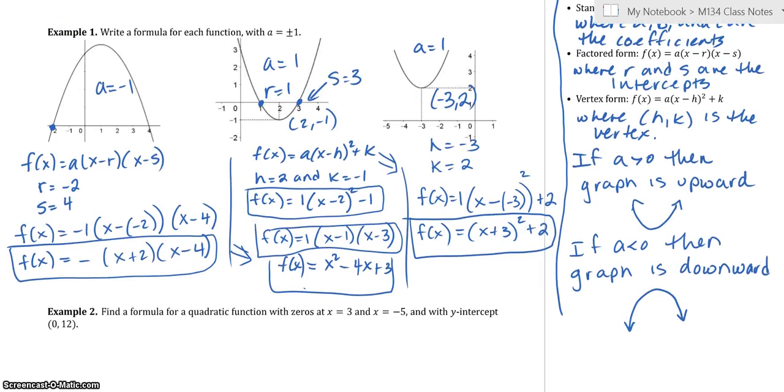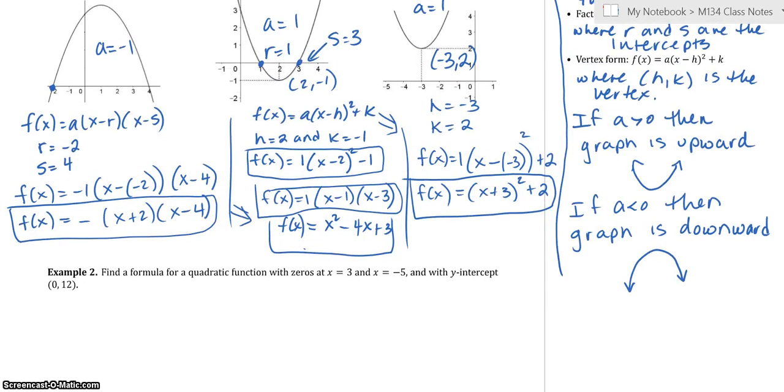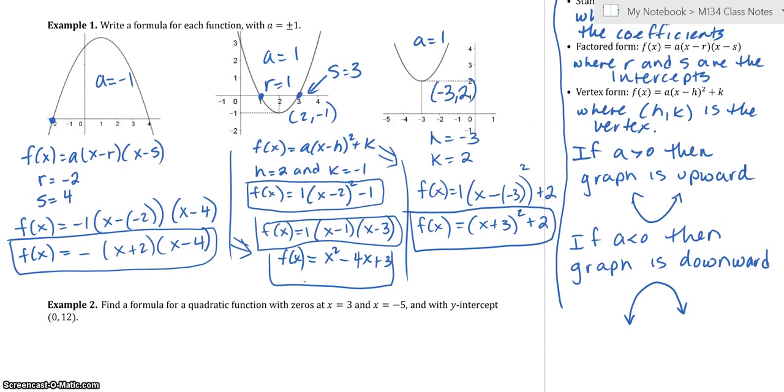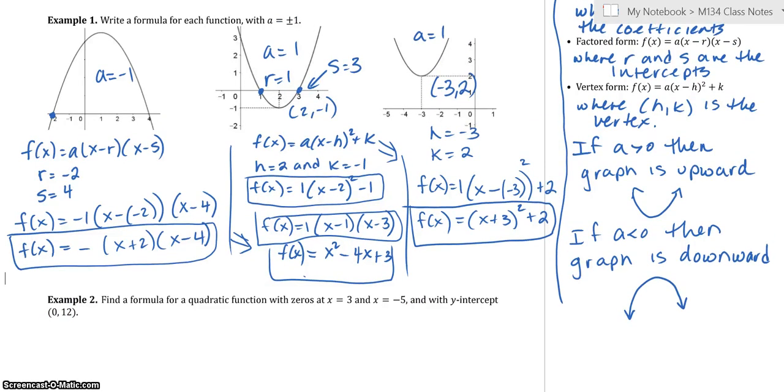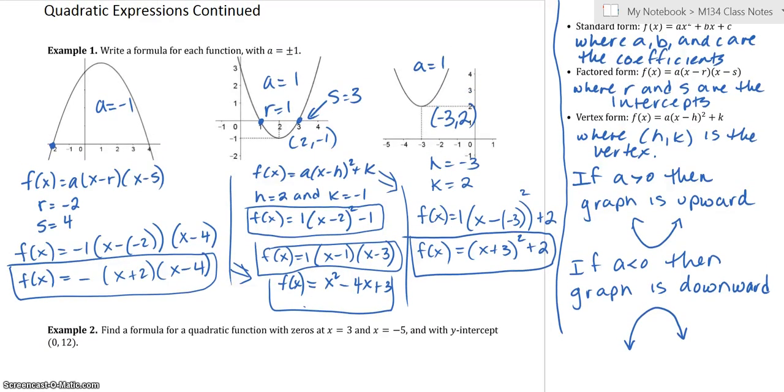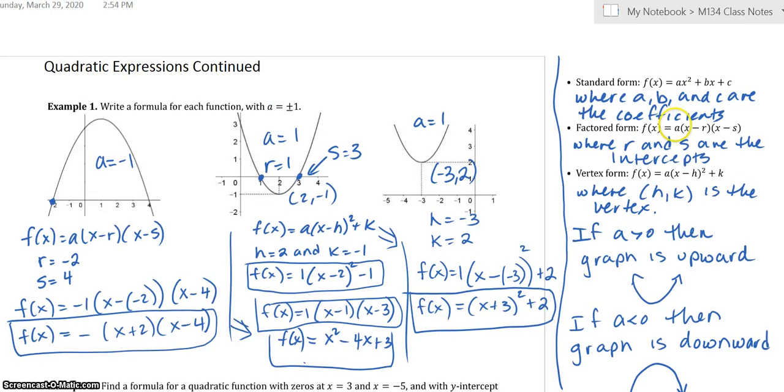So let's try without the graph. Example 2. Same thing. Find a formula for a quadratic function with zeros 3 and -5, and y-intercept (0, 12). So this time they are not giving us the a. We actually have to find the a. So which of these three formulas is better? Well, this one they're giving us the zeros, which are the x-intercepts.